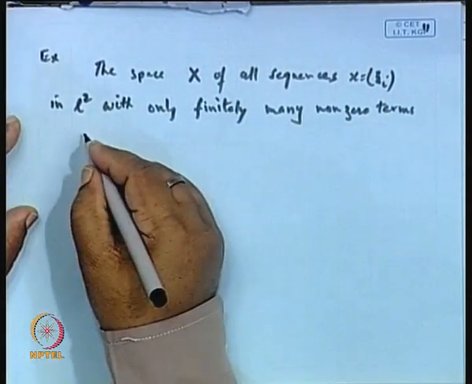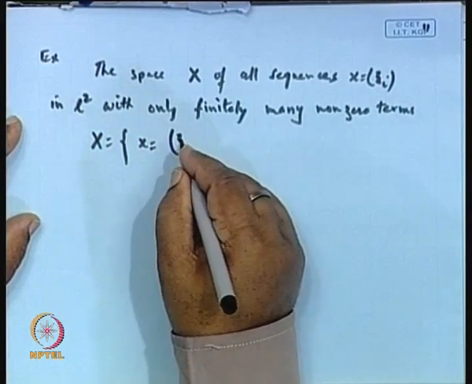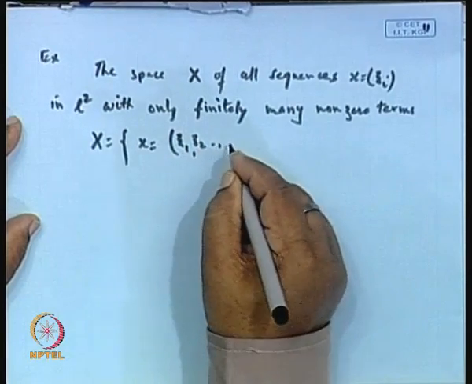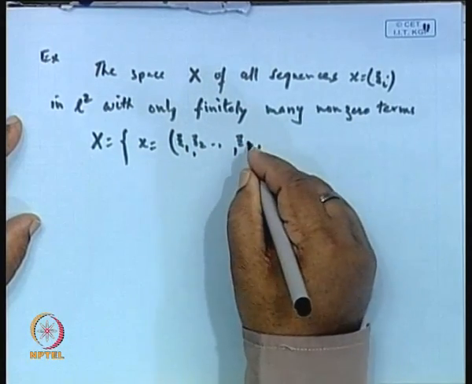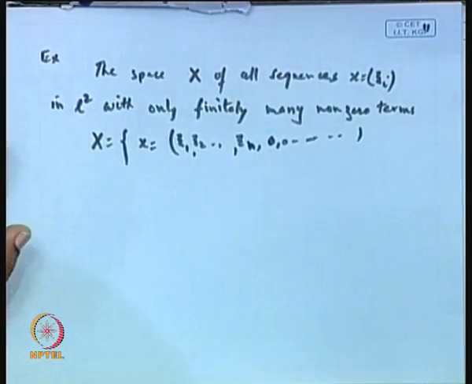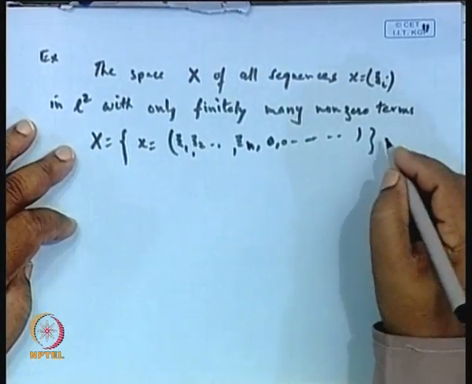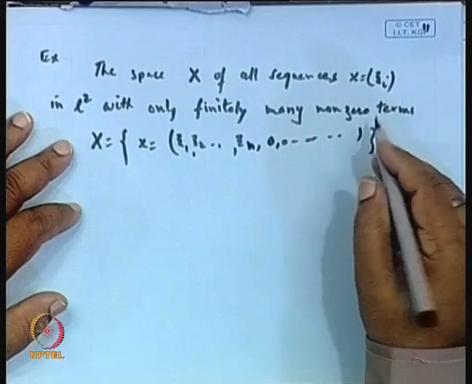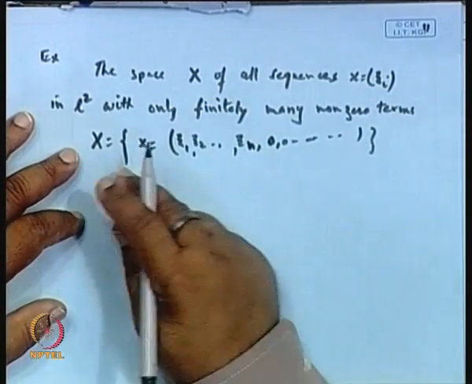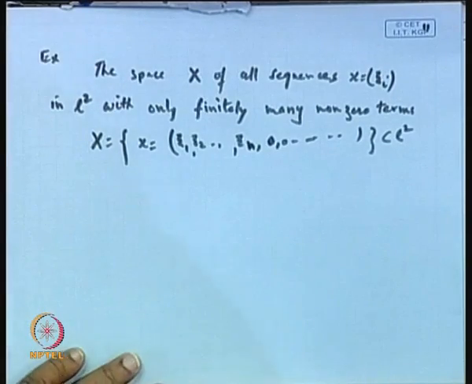That is, X is the set of those sequences xi_1, xi_2, up to xi_n, and the rest are zeros. With only finitely many non-zero terms and the rest zeros, suppose. Now this set X is a subset of L2, the class of all such sequences.